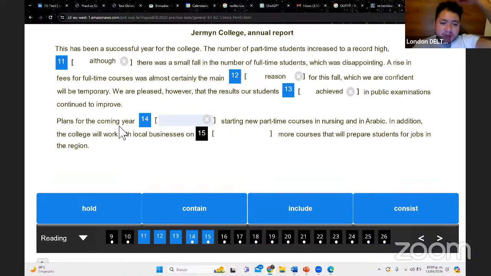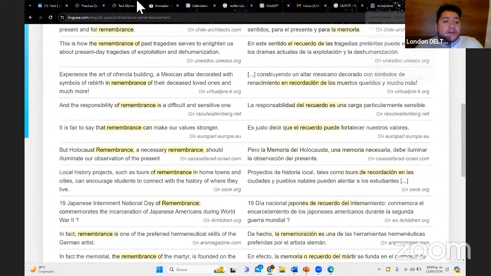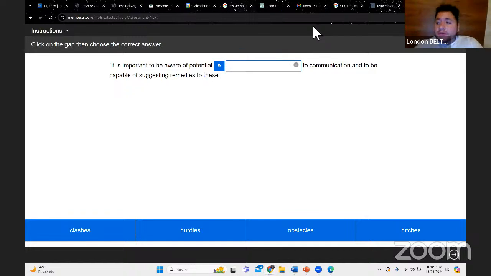Estamos hablando de los planes para el siguiente año. Hold, contain, include, consist. This is a comprehension question. I will give you 15 seconds to write your answer. Muy bien. Pueden utilizar Lingui si quieren para, so you can check the best one.